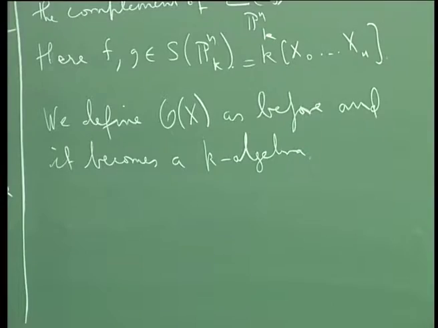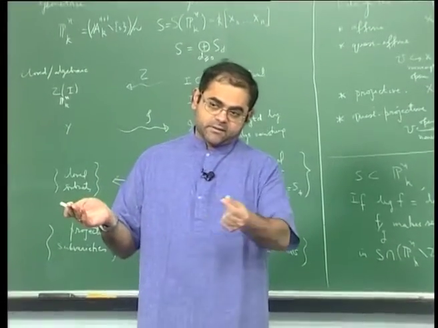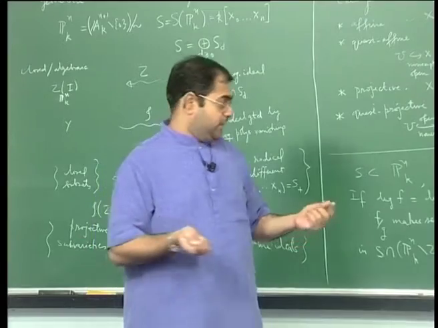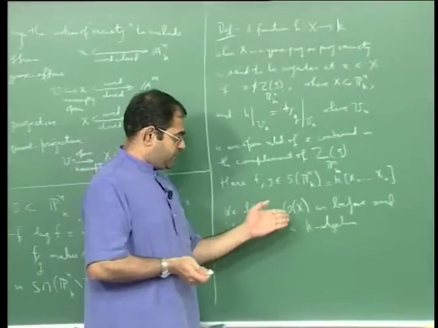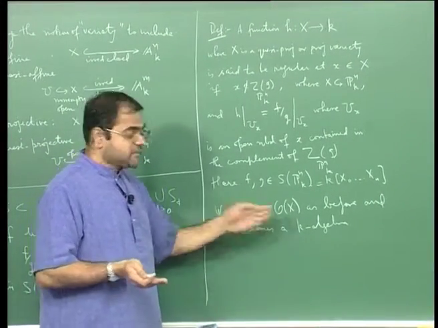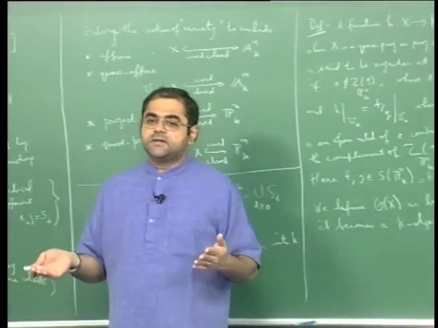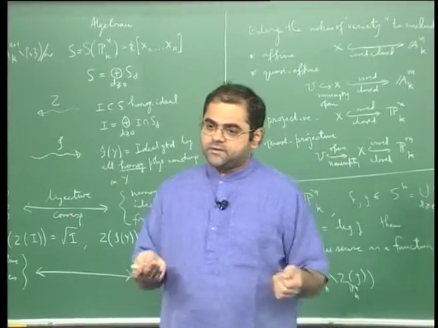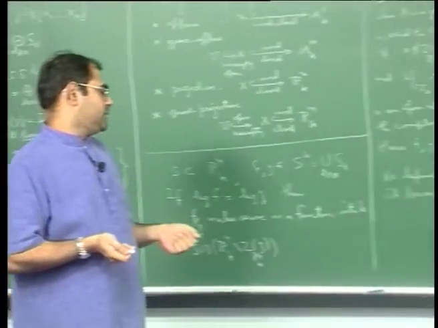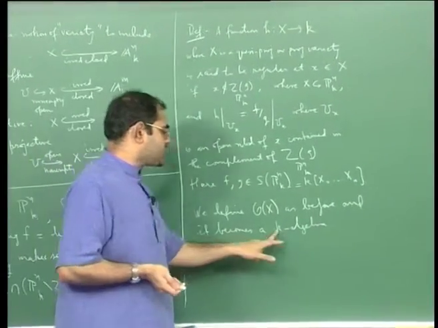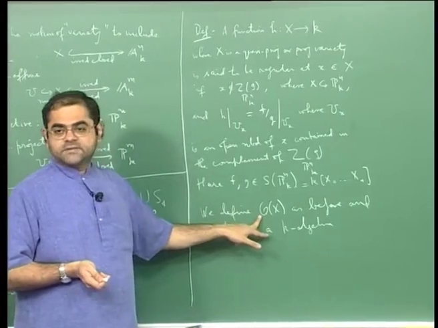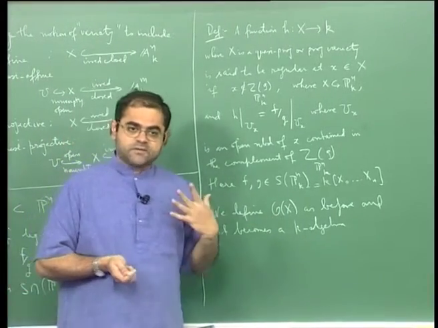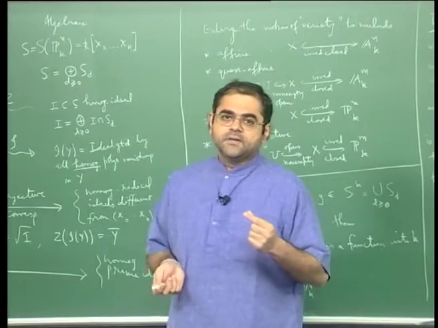O_X is the set of all global regular functions, namely functions which are regular on the whole of X, that is, regular at every point. That set is a K algebra, because the sum of regular functions is regular, the product of regular functions is regular, and multiplying by a constant gives a regular function, because a constant is also thought of as a constant regular function.